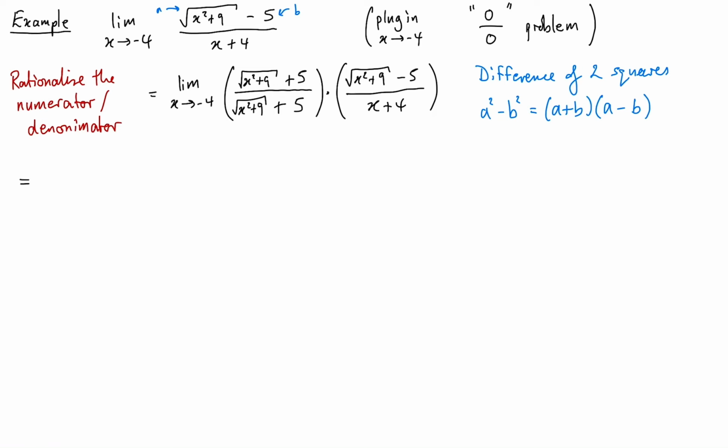Now by the difference of two squares, the top is nice and clean. It's going to be a squared, subtract b squared. The bottom is going to be a mess, but hopefully we'll have achieved something in this mess. On the top we're just going to expand that out now.